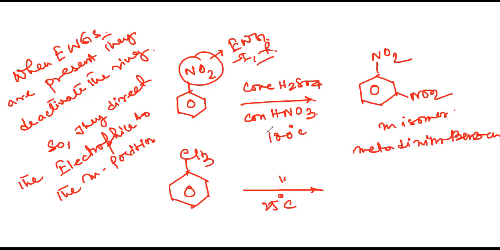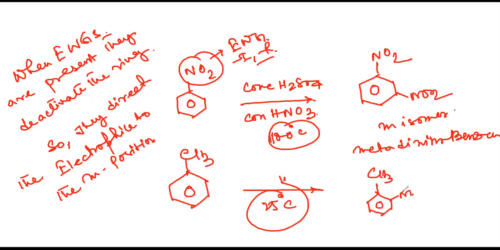25 degrees centigrade. You can see the temperature difference here: 100 degrees and then 25 degrees. This will produce ortho and para isomers as products. You should remember this one. Electron donating groups have plus I and plus R effects and direct the electrophile towards the ortho and para positions. But in the case of electron withdrawing groups, they direct the groups to the meta position.